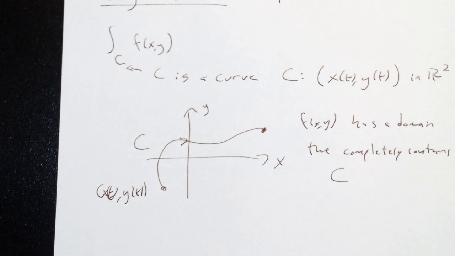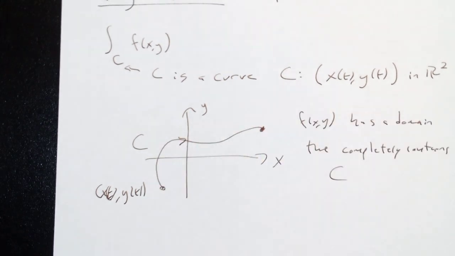I want you to imagine a fence whose height is given by our function f of x, y, and the fence is on that curve. So we make the little pickets, the wooden pieces, the slats that make up our fence, and we draw the fence along this path. Now I can ask the same question. What's the area of my fence?